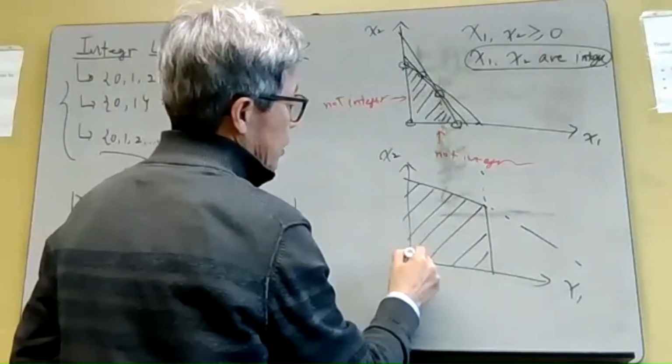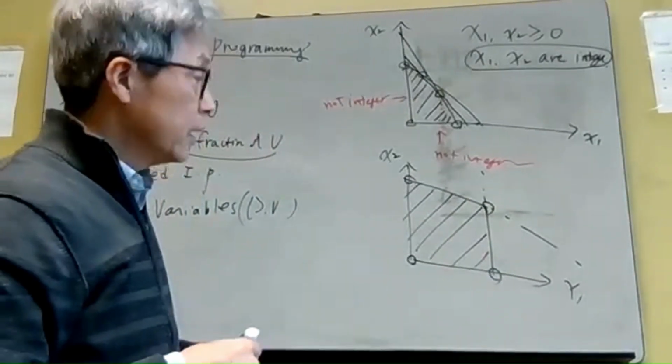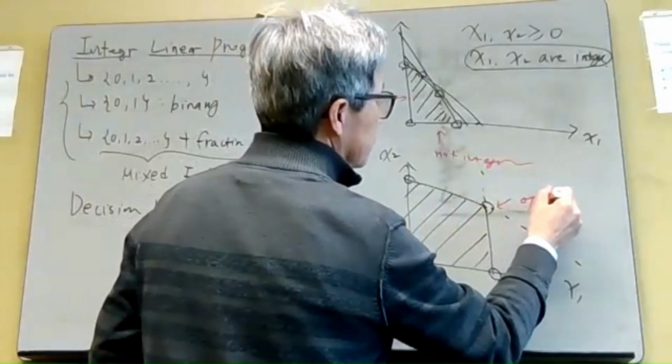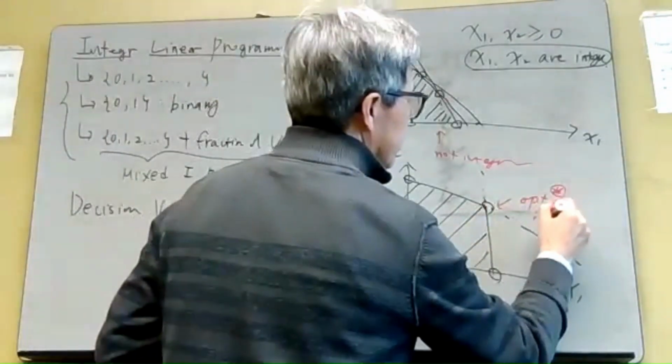We know one of these corner points will be the optimal solution, and this is the optimal solution for now, which has fractional numbers.